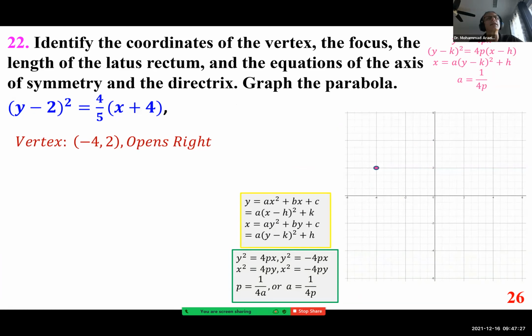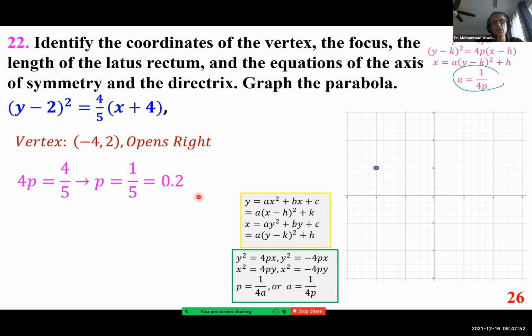So let's calculate the focal distance. And remember, a equals 1 over 4p, or 4p in this case, if you compare it to the equation that you have here. 4p is 4 over 5, p is 1 over 5 or 0.2.